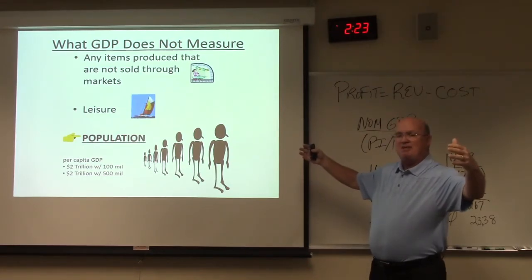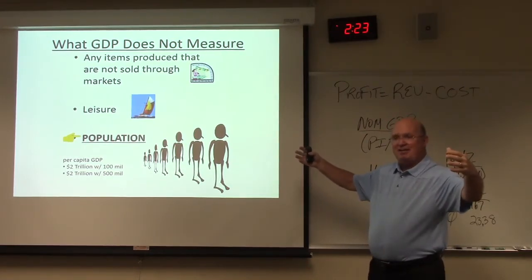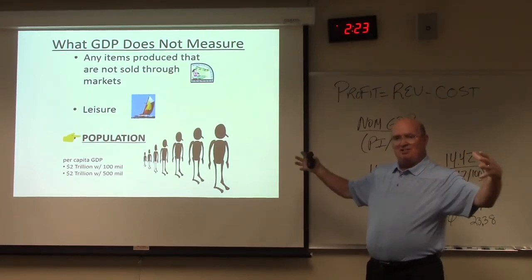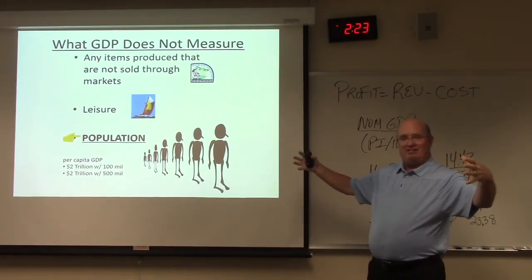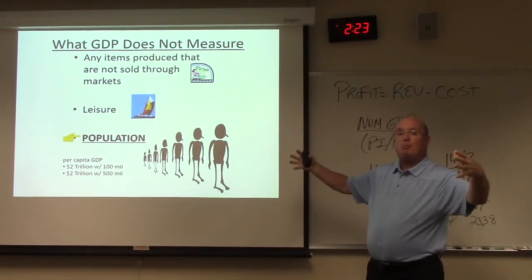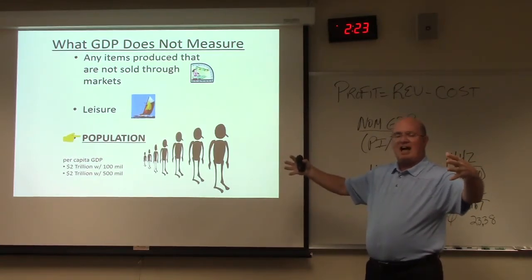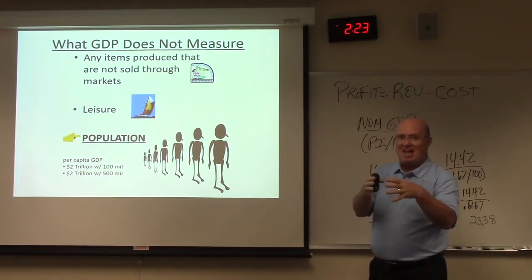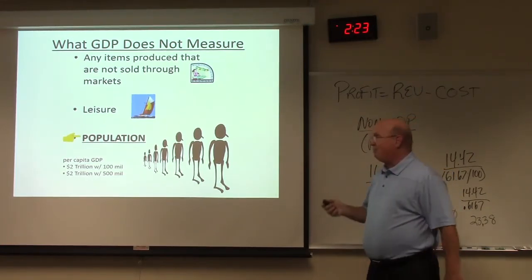But then you divide it by 5 times that amount, and the money left over per person is about this much. So at the 100 million, you've got this much money per person spending in that economy, generally speaking. When you've got 500 million, you've got this much. So the people aren't as wealthy, and their standard of living is 5 times less. So we don't count population.